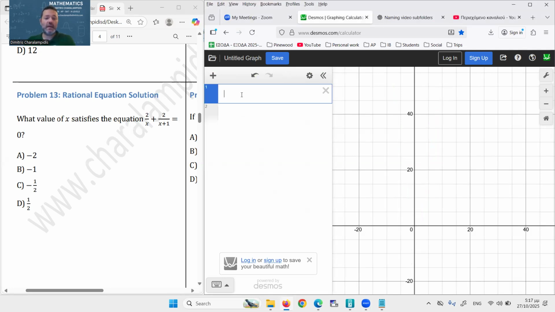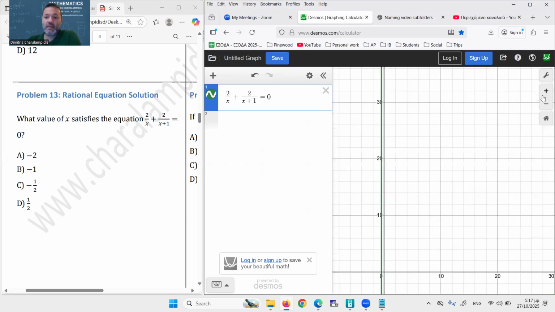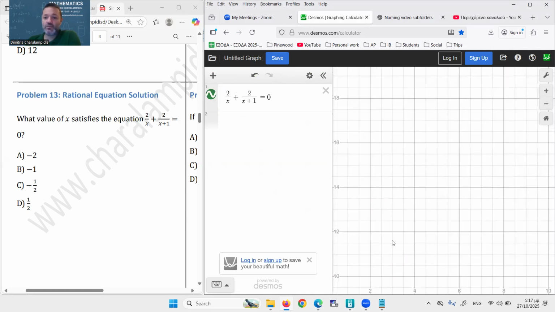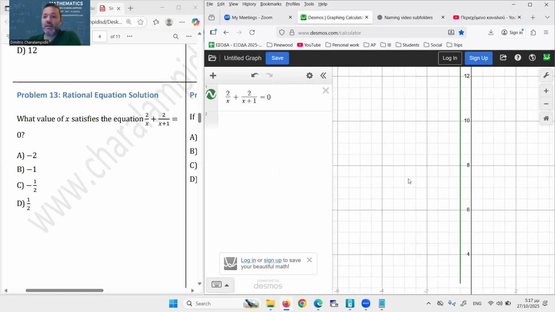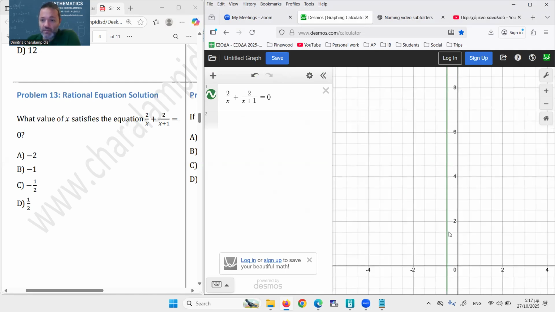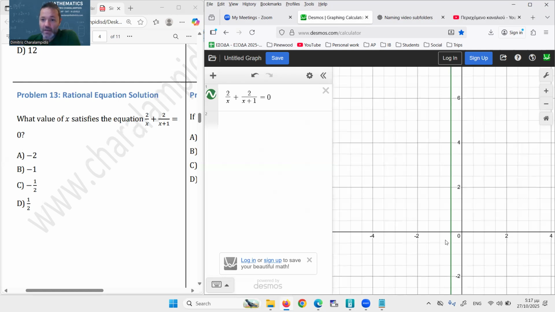I will just input the given equation, 2 over x plus 2 over x plus 1 equals, careful with that, equals to 0. Remember, however, that in Desmos, the solutions appear as vertical lines. We need to go and see that value.